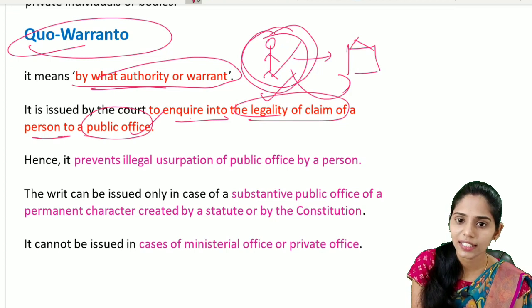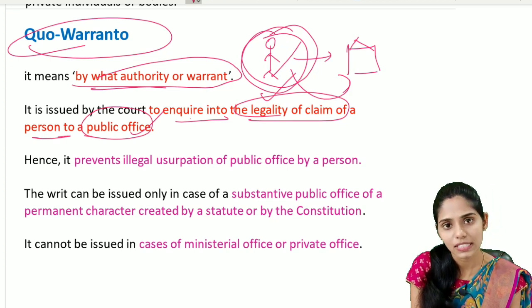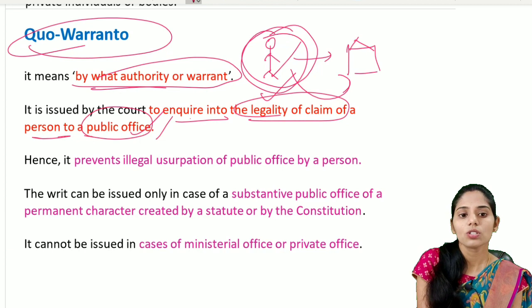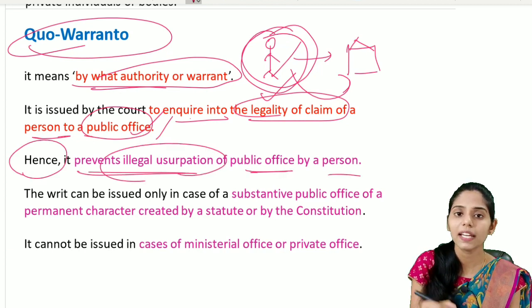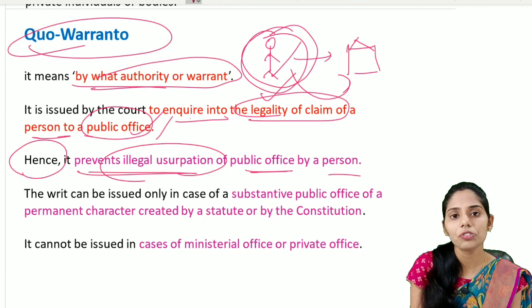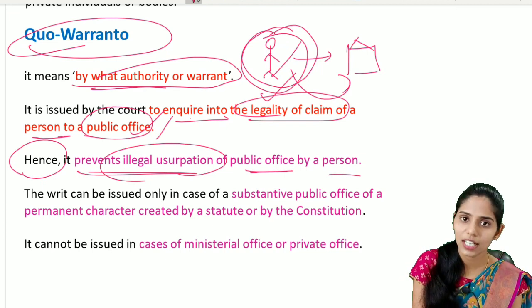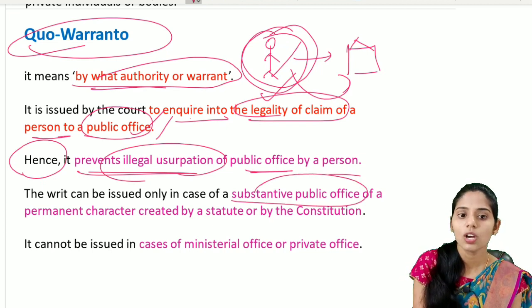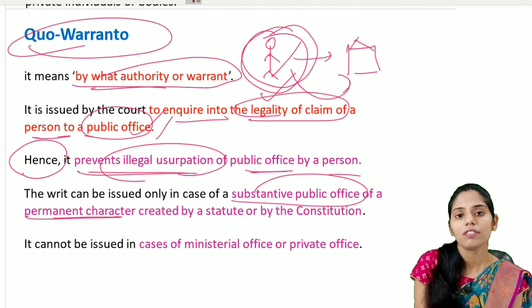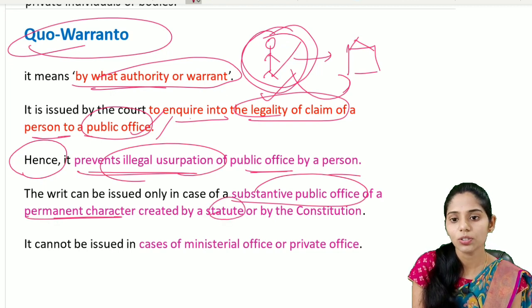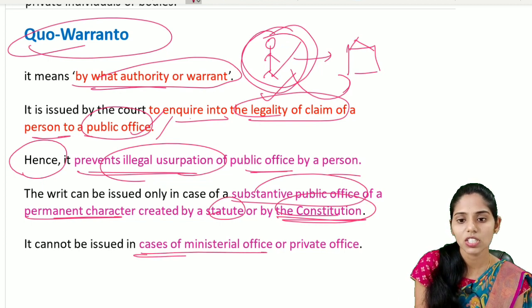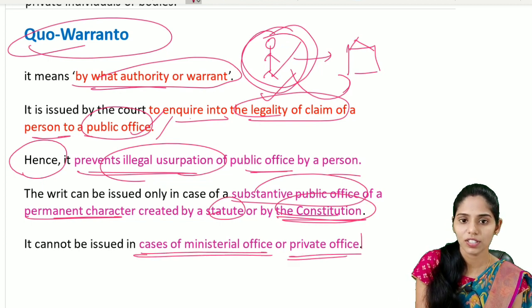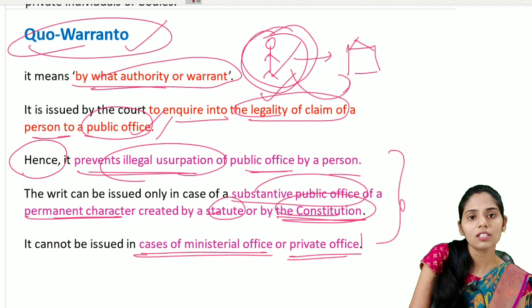Hence it prevents illegal usurpation of public office by any person. This writ can be issued only in the case of a substantive public office of a permanent character, created by the statute or by the Constitution. It cannot be issued in the case of a ministerial office or private offices. So this is called quo warranto.